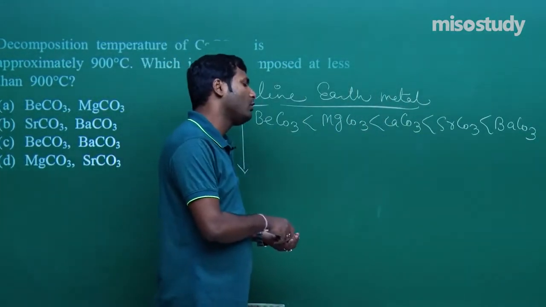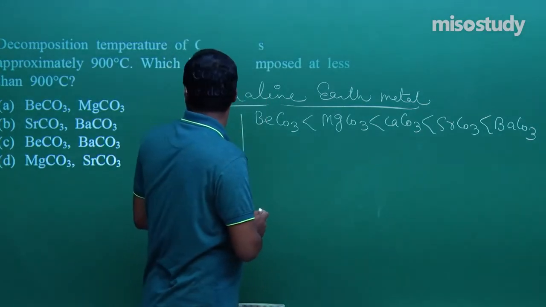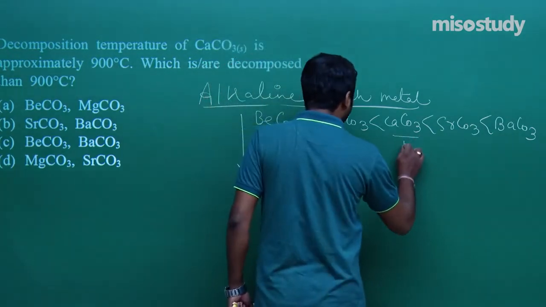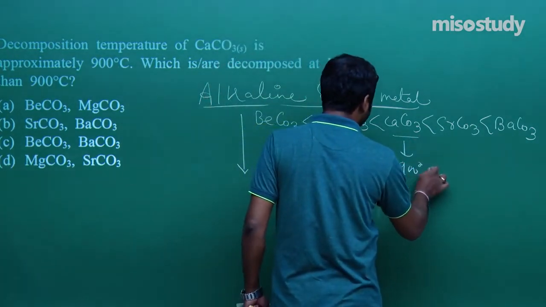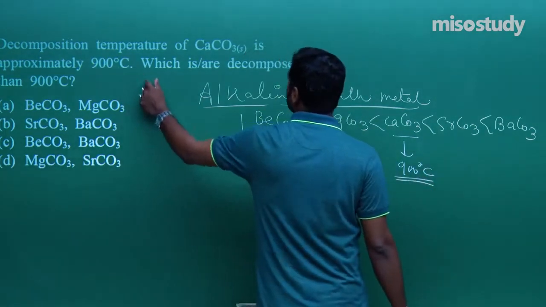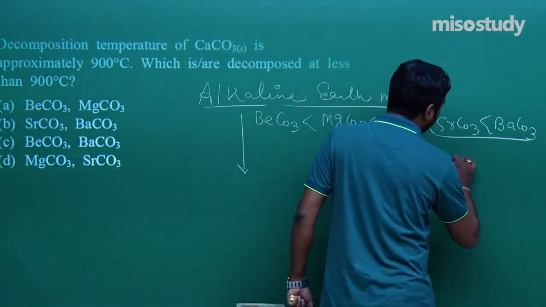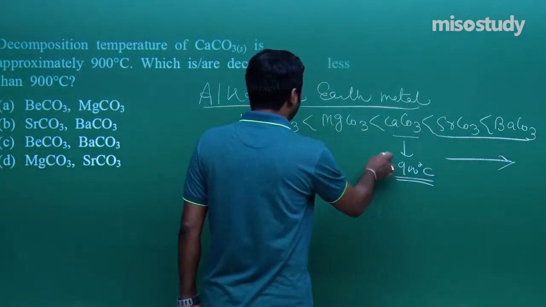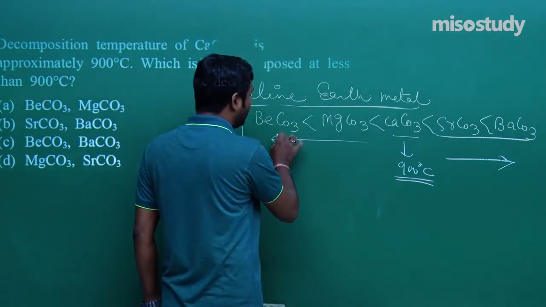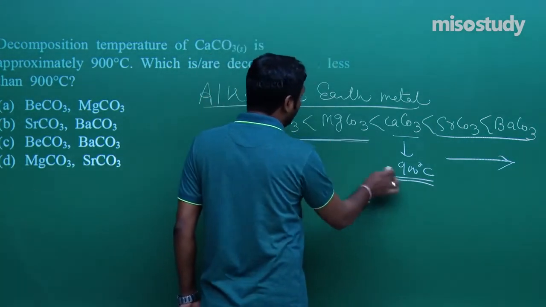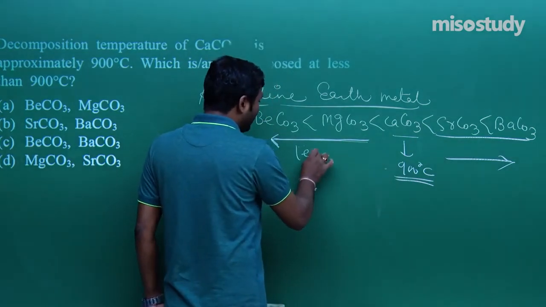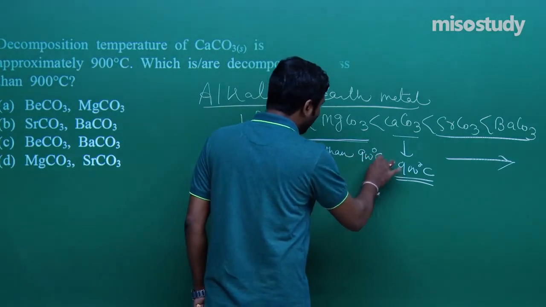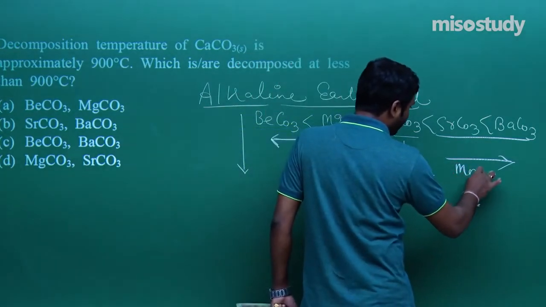So down the group, the thermal stability of the carbonate increases. If CaCO3 has a decomposition temperature of 900 degrees Celsius, then for strontium and barium it will require a higher temperature. But if I talk about MgCO3 and BeCO3, these can be easily decomposed, requiring a decomposition temperature of less than 900 degrees, while here it is more than 900 degrees.